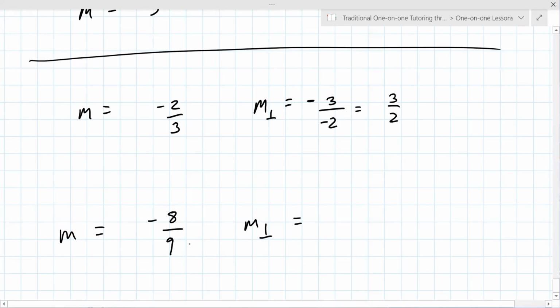What's the flip of -8 over 9? You have to flip it, so 9 over -8, but then you have to negate it. So you take the negative of it.